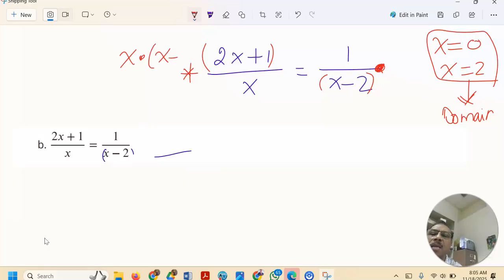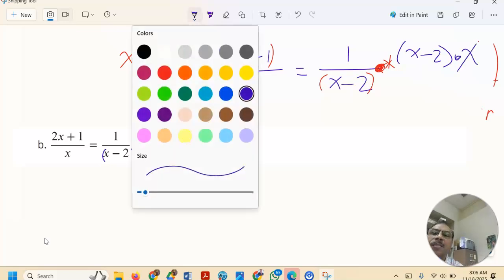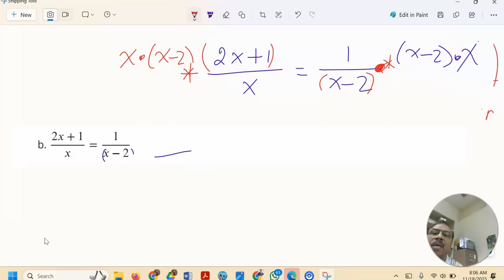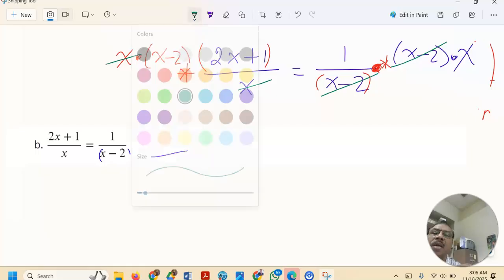So you multiply one side by this x minus 2, and the other side you multiply by x minus 2 and also x, both. Okay. So when you do this, the x will cross out, and this x minus 2 and this x minus 2 cross out.